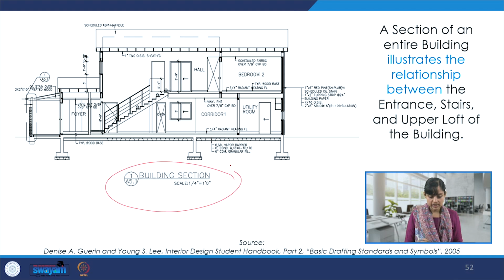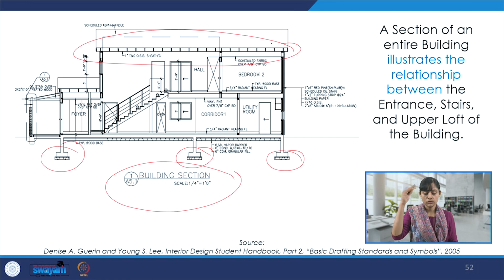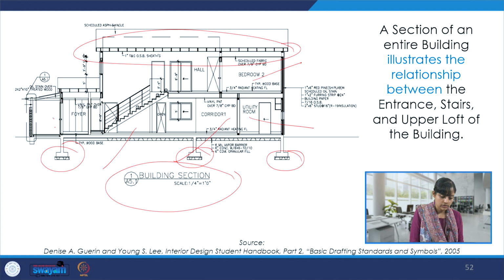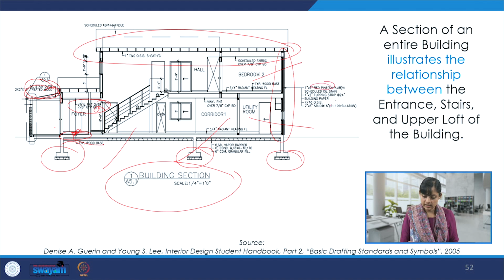This is like a building section, and here again we see all the details from the footing to the topmost slab, where which space is, and again treated wood, or whether there is a paint or gypsum board over here, whether there is timber here or not, what is the thickness like, what is the material over here, so like red pine, and whether it takes an oil stain or not, if there is a furring strip or any insulation material or not.